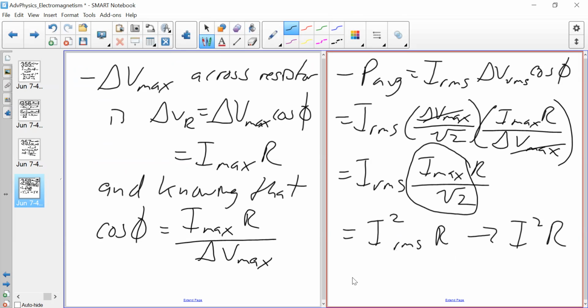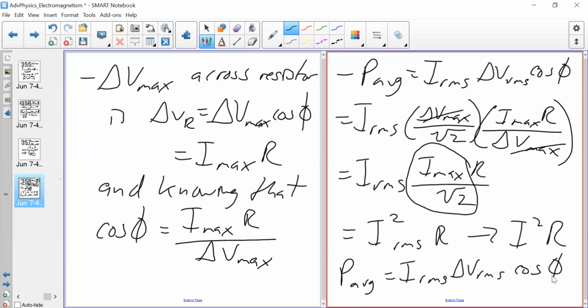Now, if we look at the average power in terms of the power factor, I RMS delta V RMS cosine of phi. Well, we can simplify this even further. We can eliminate cosine phi for values of phi that make cosine phi equal to 1. And the value of phi that makes that equal to 1 is phi equal to 0, because cosine of 0 is 1.